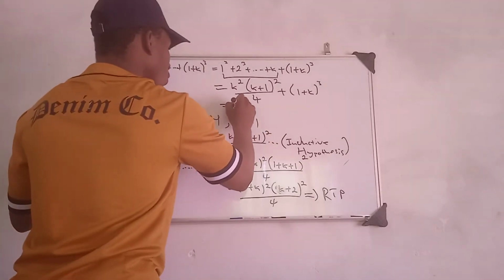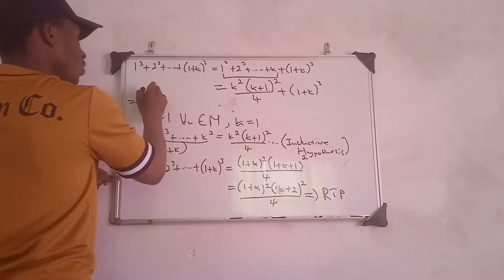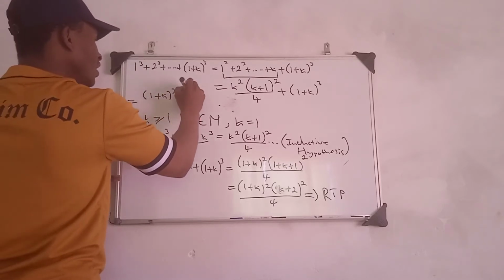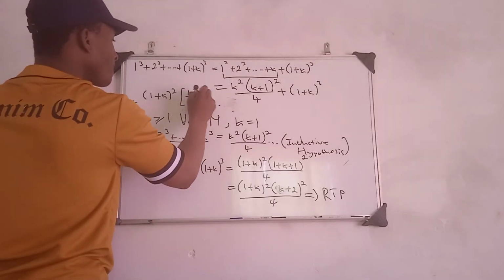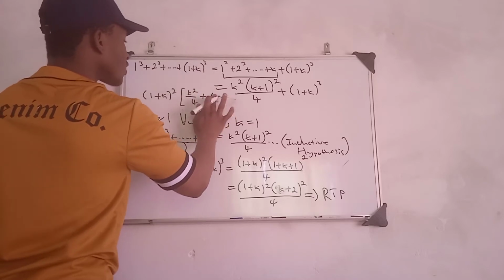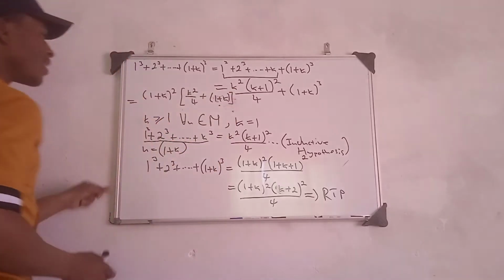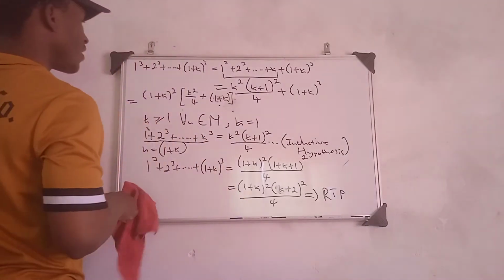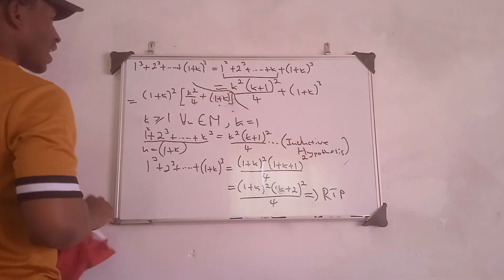So I'm going to have (1 plus k) squared over 4 times, in brackets, k squared over 1 plus (1 plus k). This is what I'm having when I factor out.